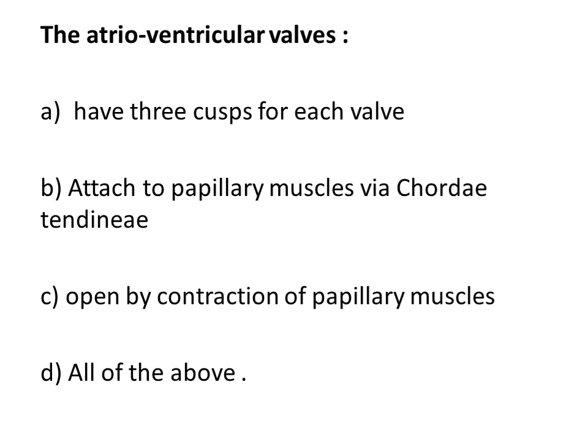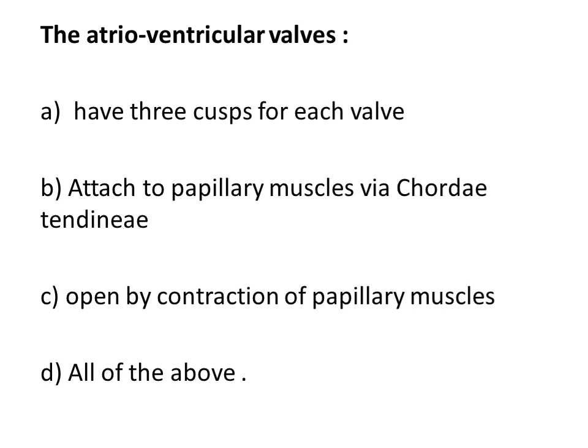For A, have 3 cusps for each valve, it is false, because not all AV valves have 3 cusps. The right side is called the tricuspid valve and has 3 cusps, while the left side, the mitral valve, has only 2 cusps.